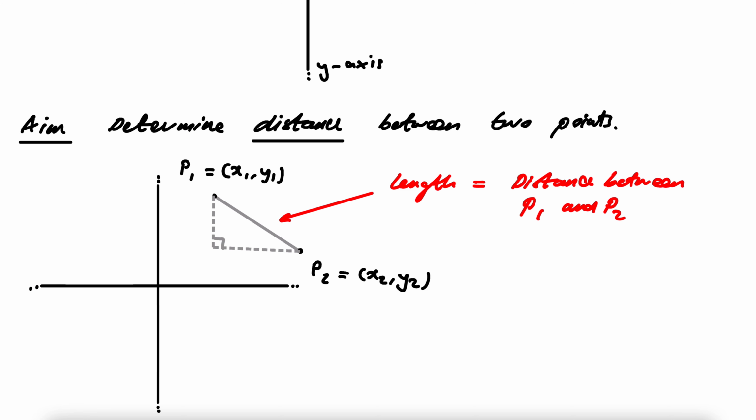Now let's think about this a second. This guy here, what's the length of that? Well, from the way I've drawn it, it's the y1 coordinate minus the y2 coordinate, right? It's y1 minus y2. But I may have drawn this the other way around. y2 may be bigger than y1.